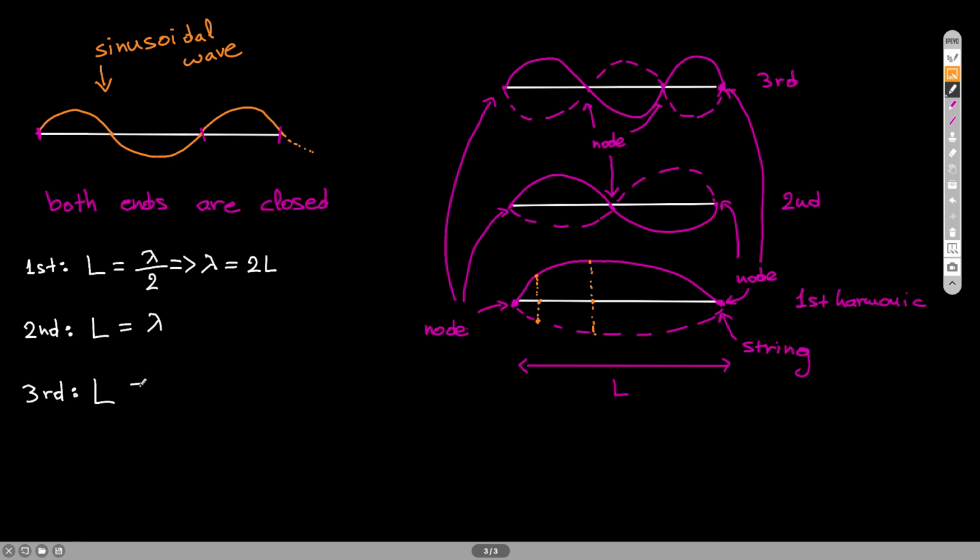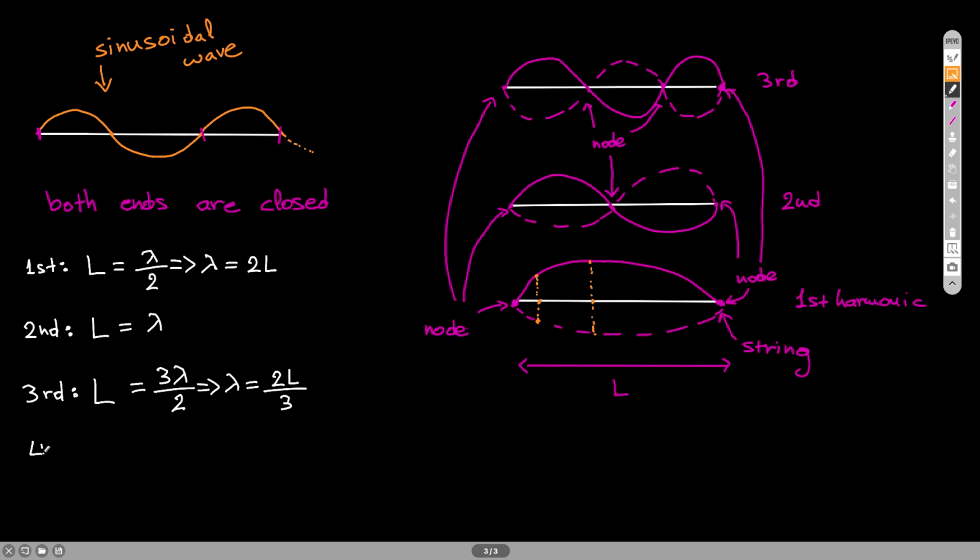My string does not change. But now I see it's going up, it's coming back, and then I have another half of that. So I have 3 lambda over 2, which means the wavelength is 2L over 3. This is the wavelength of the third harmonic.